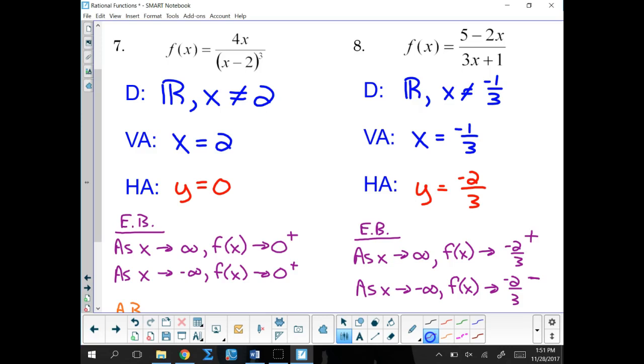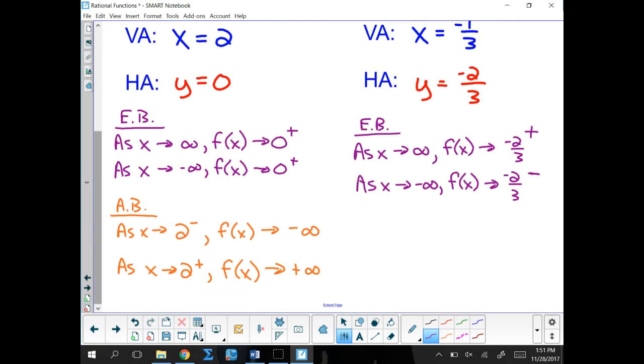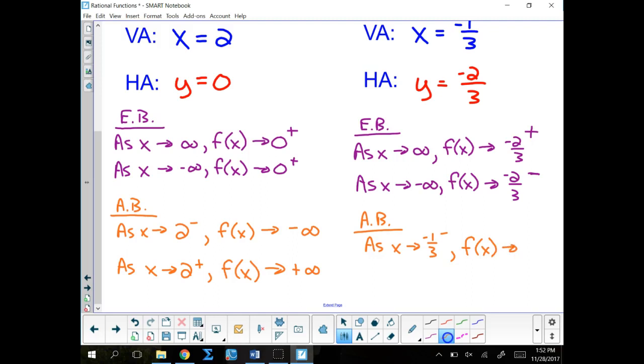Okay? Okay? Now, we got to do asymptotal behavior over here. As x goes to negative 1/3 from the left, what's my function going to? And as x goes to negative 1/3 from the right, what's my function going to?